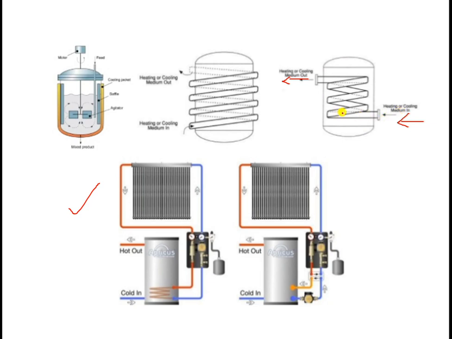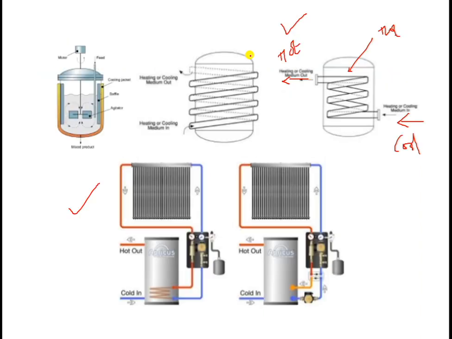The cool fluid passing through these pipes comes here and becomes hot. Here it is in cool condition, and inside there is again another hot fluid. Whenever the cold fluid passes through these tubes inside the container, it extracts heat from the source, becomes hot, and is then given to the required destination.